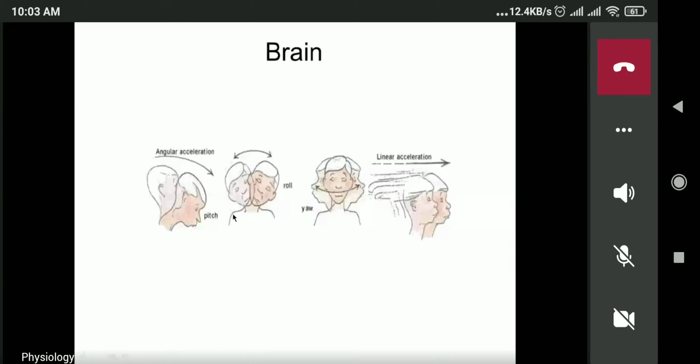So as I already told, what is pitch, what is roll, what is yaw, what is linear acceleration. In that case, the utricular hair cells will be stimulated. How to remember? Say, for example, you are on a bike and somebody is driving and you are in the back.